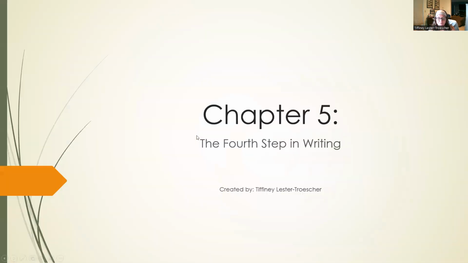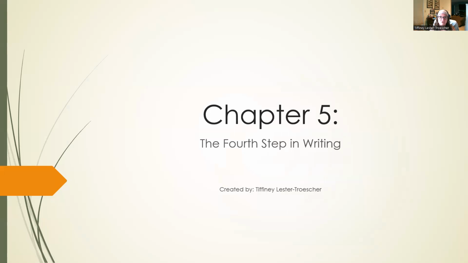All right, so we learned in week 2 all about the first 3 steps in writing. The first step is to make sure that you have a point and that you stick to that point when you're writing your paragraph. Step 2 is support. You have to provide specific and adequate support for that point. Step 3 is coherence.